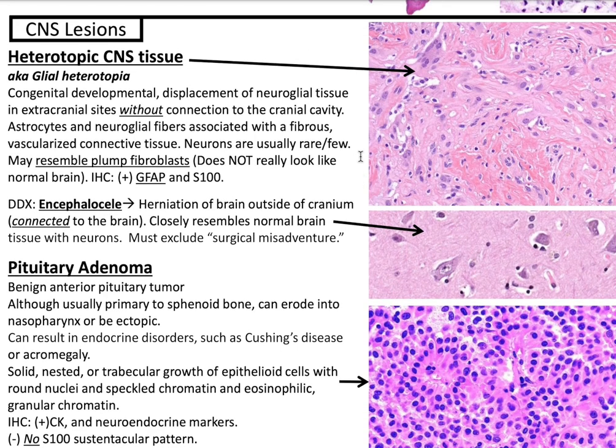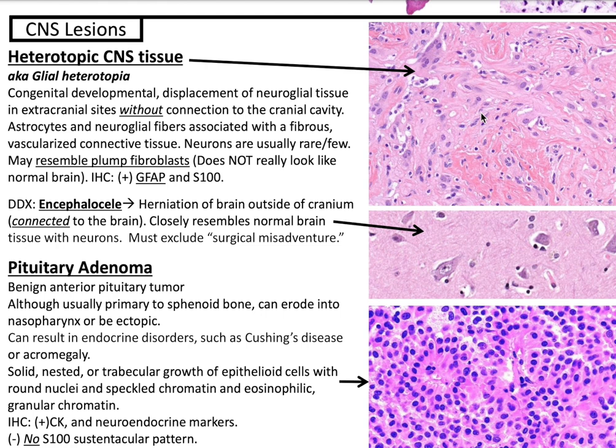CNS lesions, heterotopic CNS tissue, aka glial heterotopia. This is a congenital development. It's displacement of neuroglial tissue in extracranial sites without connection to the cranial cavity. You can see astrocytes and neuroglial fibers associated with a fibrous, vascularized connective tissue.